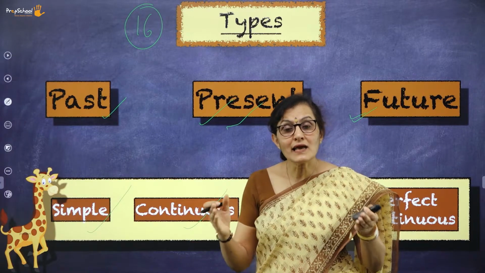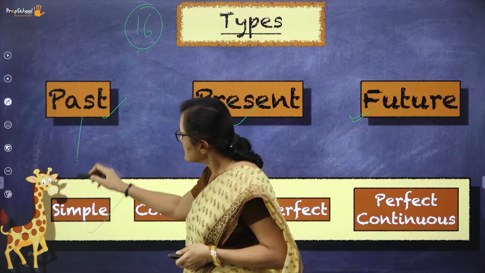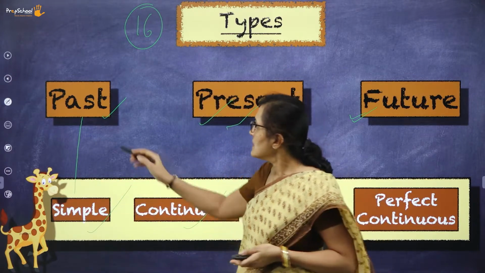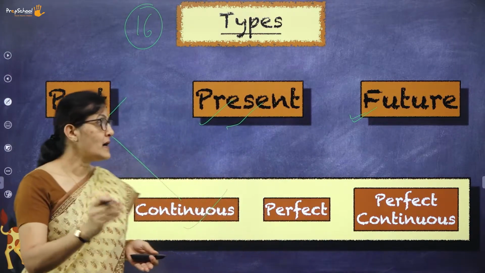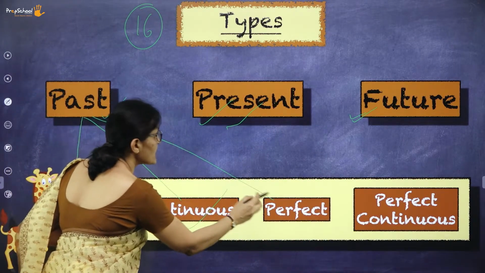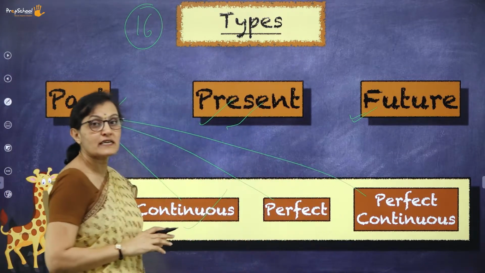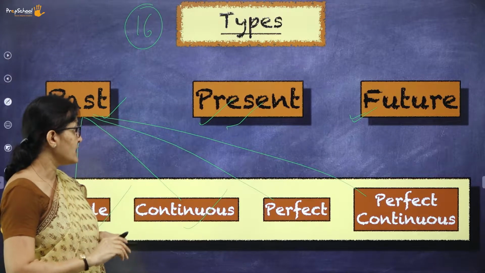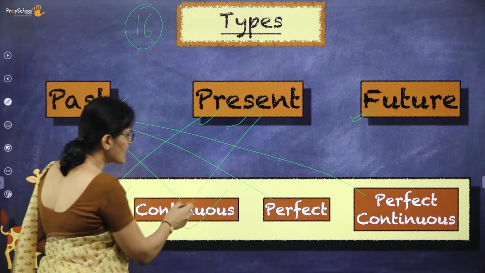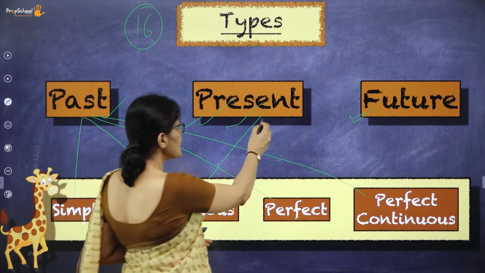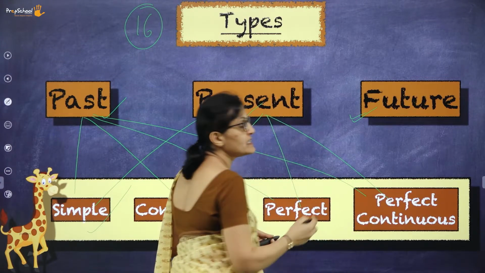So with this, let's look at the types of tenses. Past simple tense, past continuous tense, past perfect tense, past perfect continuous tense. You finished with 4. Next, present simple tense, present continuous tense, present perfect tense, present perfect continuous tense.